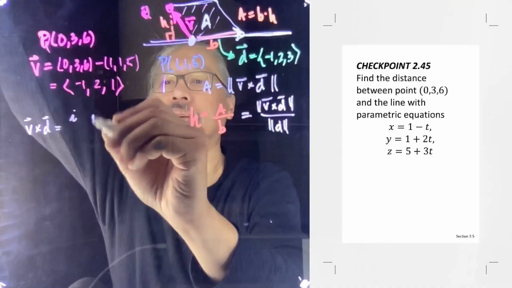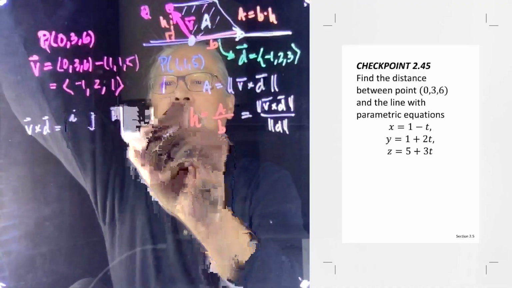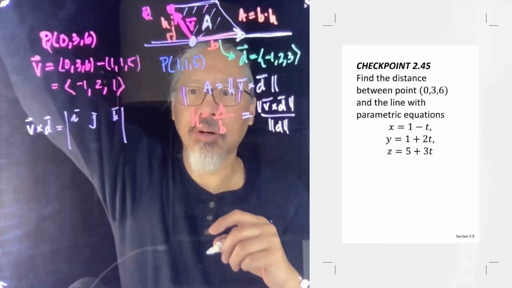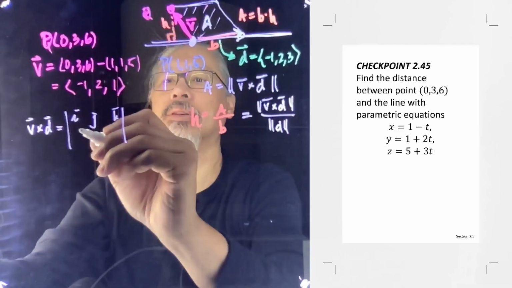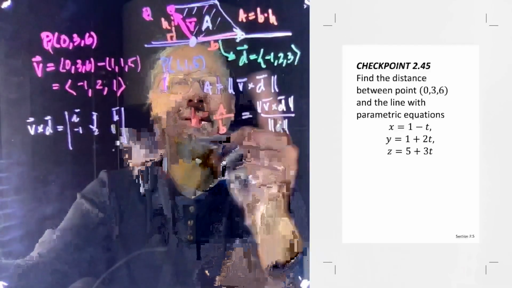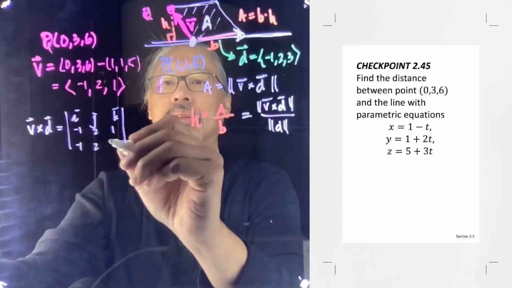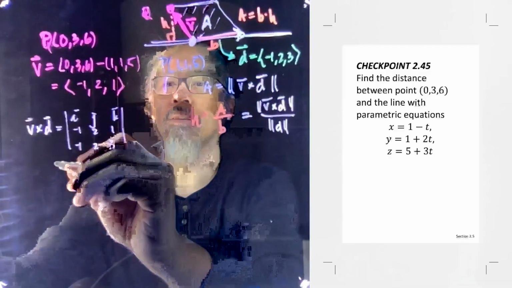So let's use the determinant way of doing the cross product: i, j, k in the first row, then negative 1, 2, 1 for v in the second row, and negative 1, 2, 3 for d in the third row.